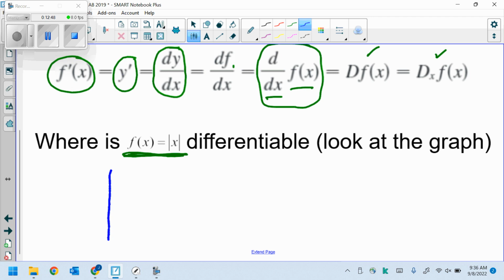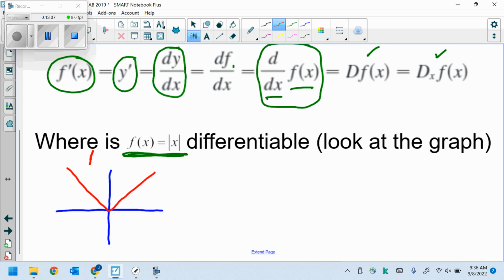So I'm always going to try to draw the graph of the absolute value function so I can answer the question intelligently. Now, absolute value, I think you realize this, looks like that.